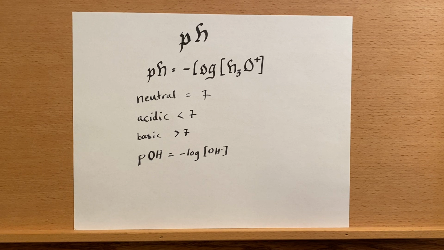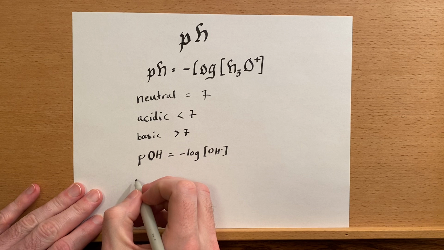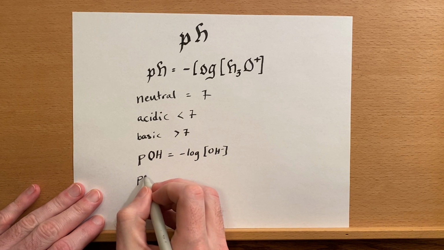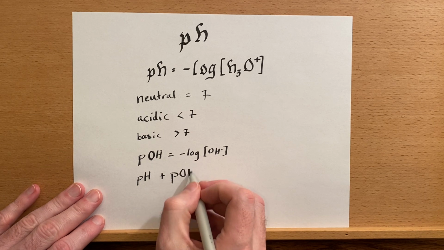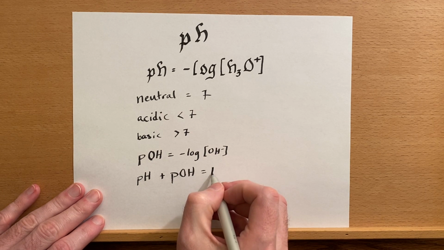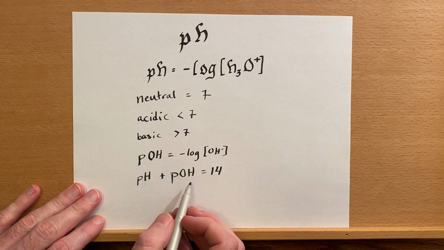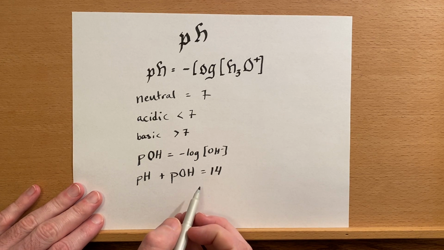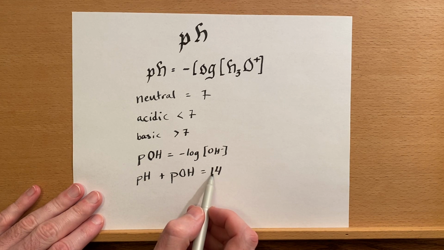Here's one more formula that is quite useful when we're dealing with pH and pOH values. pH plus pOH is equal to 14. This comes directly out of the Kw expression. If we were to take the negative log of 1 times 10 to the minus 14, that equals 14.